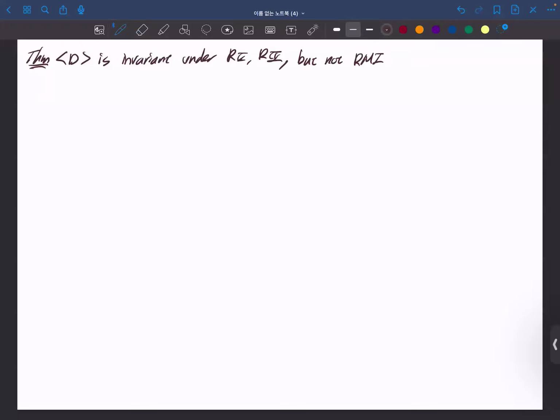Then why is it not invariant under Reidemeister move 1? It is because if we add a kink like this, then it is equal to minus a to the plus or minus 3 times D, with respect to the sign of the crossing in the kink.